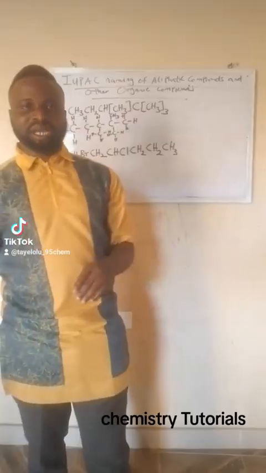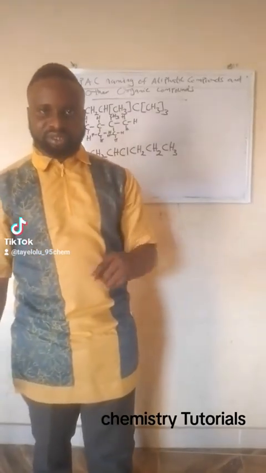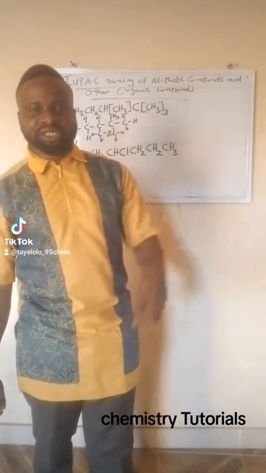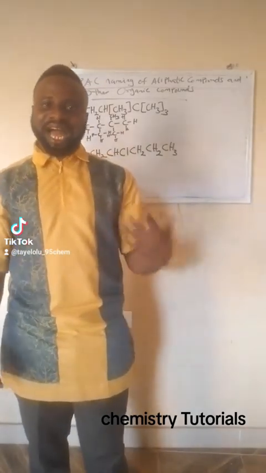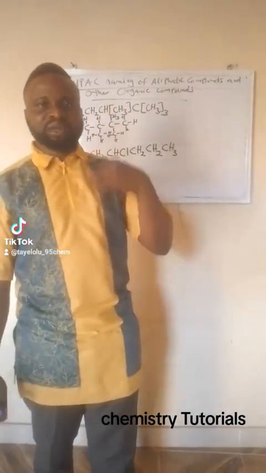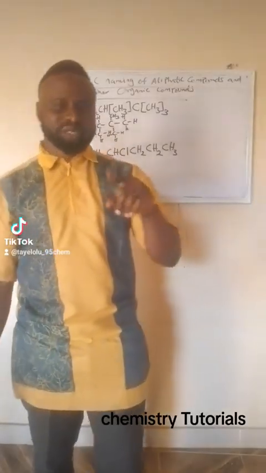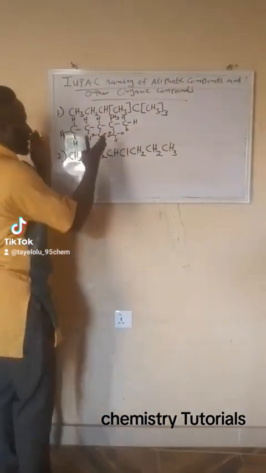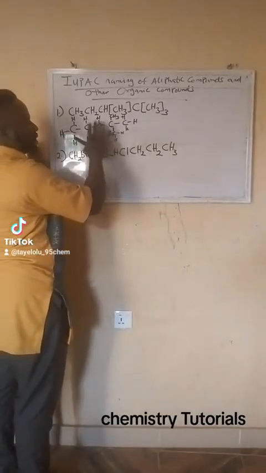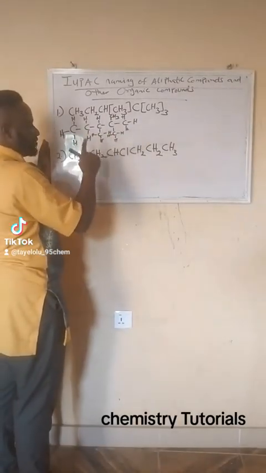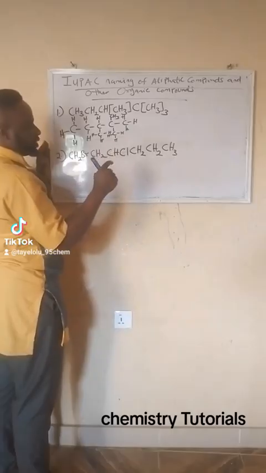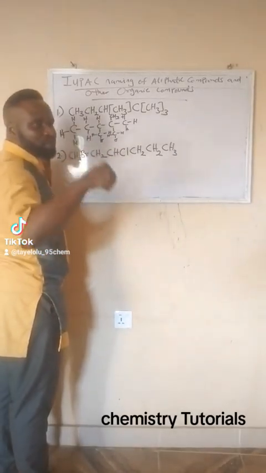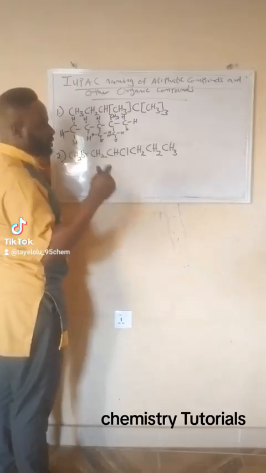Carbon 4 bonds, hydrogen a single bond, oxygen 2 bonds, nitrogen 3 bonds, the halogens a single bond, metals a single bond. This will guide you on how to expand your structure. So as I've expanded this one, every carbon here is surrounded by 4 bonds, every hydrogen by 1 single bond. And if I have oxygen too, it has to be surrounded by 2 bonds. This will help me to know how to draw my structures appropriately.